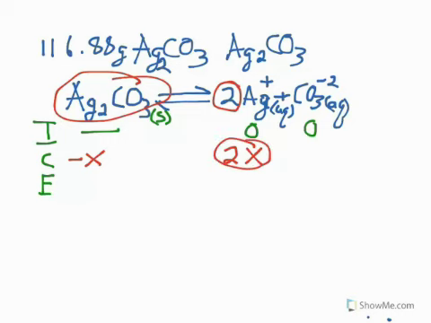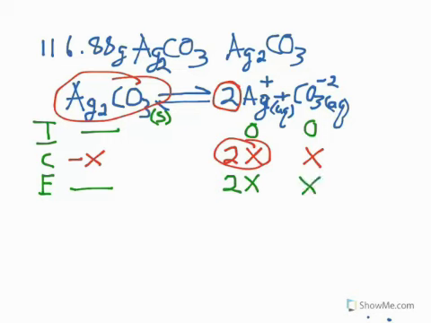Be careful with that. And an X over here. So when I'm done at equilibrium, I have an infinite supply of silver carbonate because only a very little bit of it dissolved. I have 2X down here and X here.